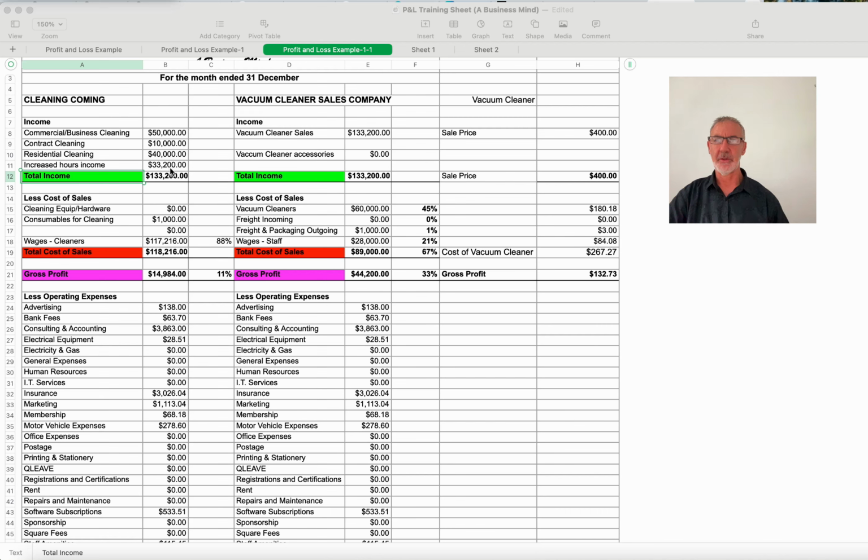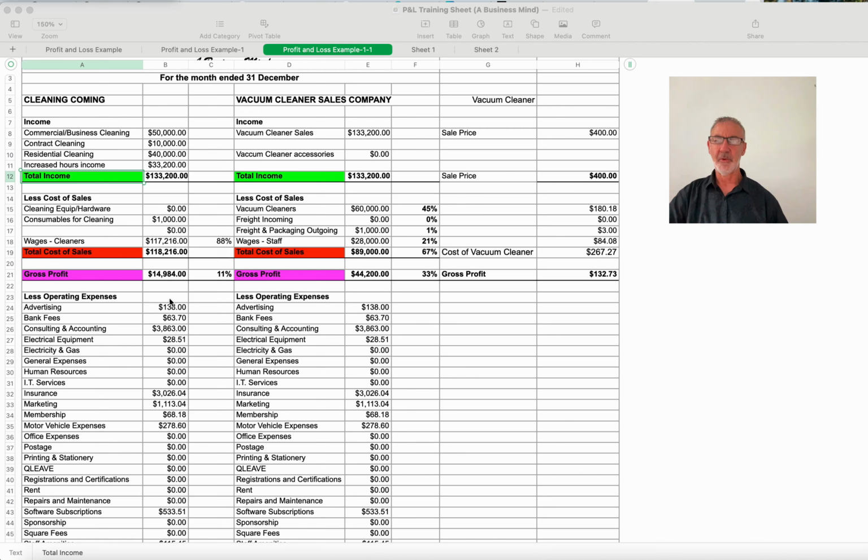But by doing it that way, as opposed to increasing the hourly rate, you'll find that the cleaners' wages to income was 88% of it. So I increased 88% of the 133,200. So the wages for the cleaners is now 117,000.